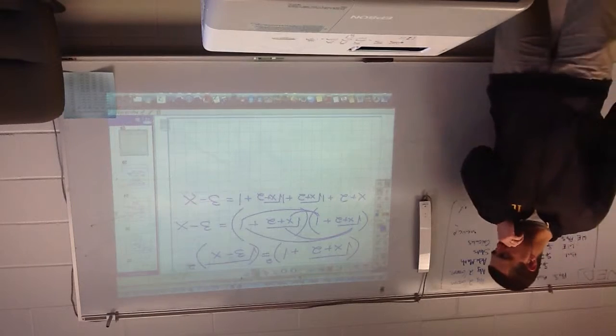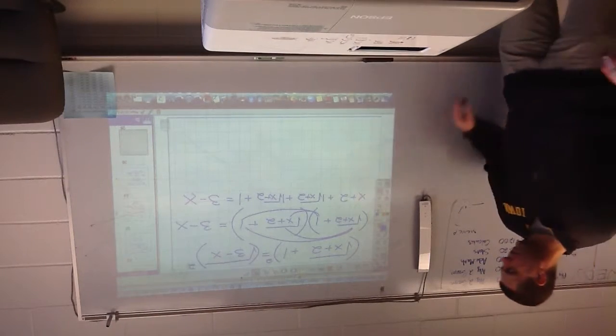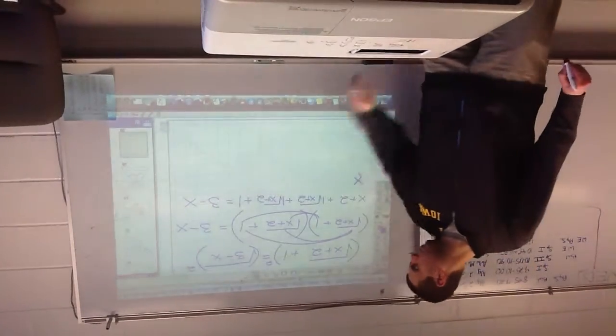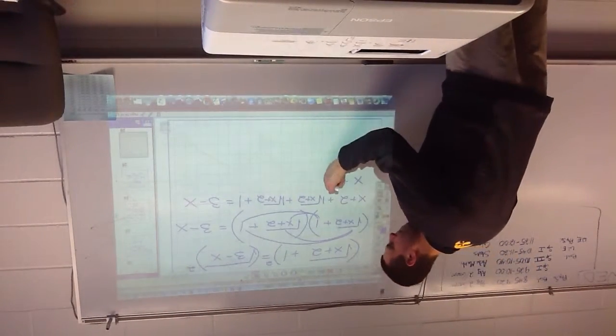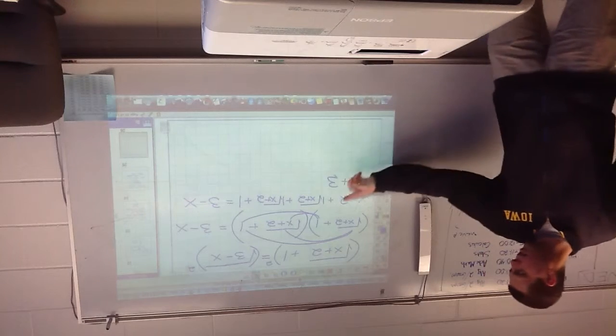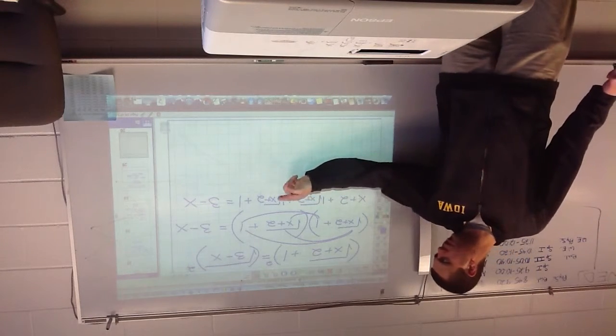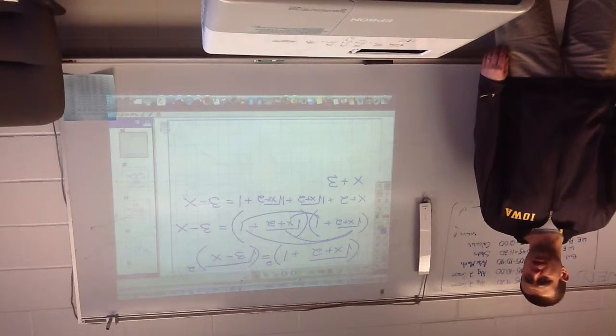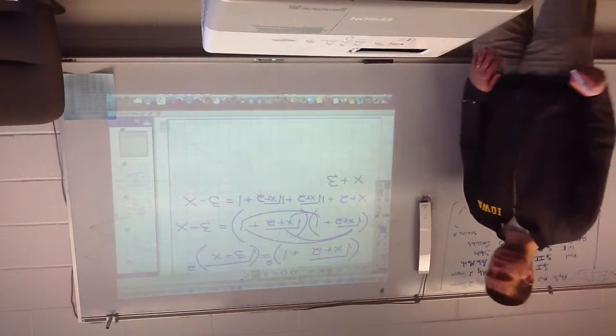Alright, let's simplify this a little bit. On the left side, I have x plus 2 plus 1, so that's plus 3, right? And then plus 1 square root of x plus 2 plus another 1 square root of x plus 2. What's that make? 2 square roots of x plus 2.